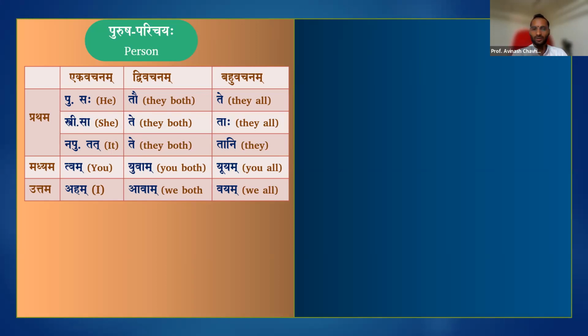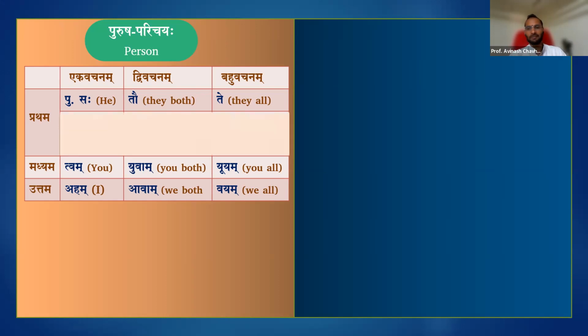Right now we are not going to use Srilinga and Napusaklinga, so I am just skipping that part. Next, Madhyama Purusha is tvam, you, yuvam, you both, and yuyam, you all. And Uttama Purusha is aham, I, avam, we both, and vayam, we all.